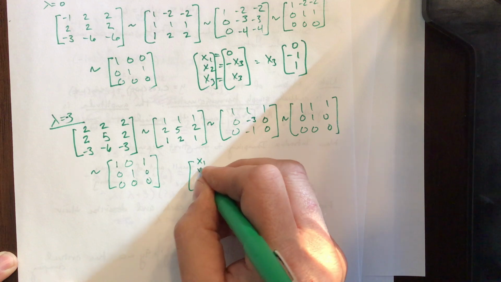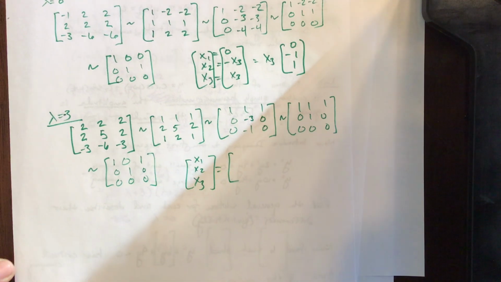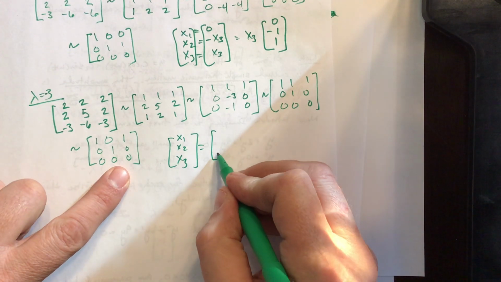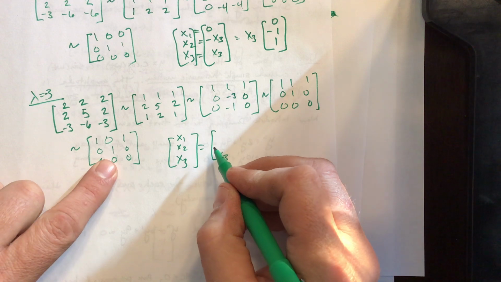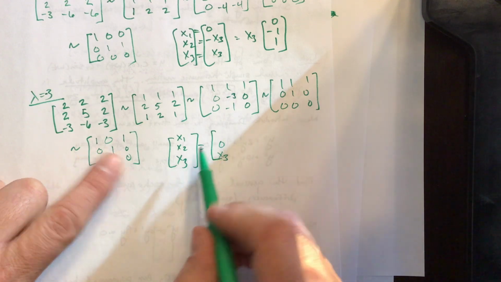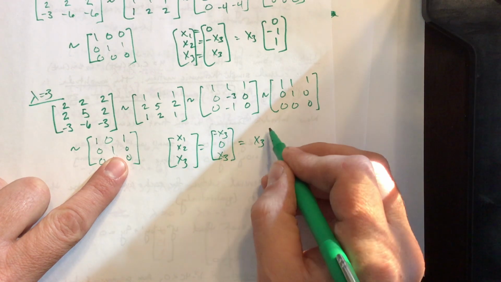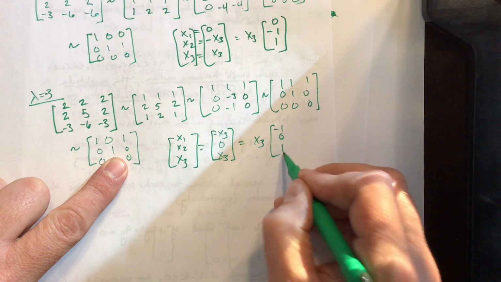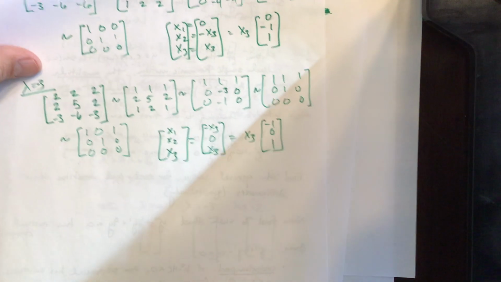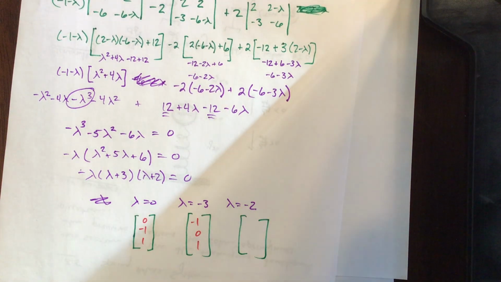And we get x1, x2, x3 is equal to, so x3 is free, x2 is equal to 0, and x1 is equal to negative x3. So this is x3 times negative 1, 0, 1.